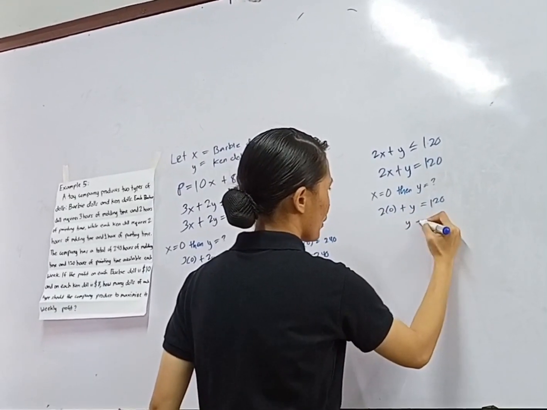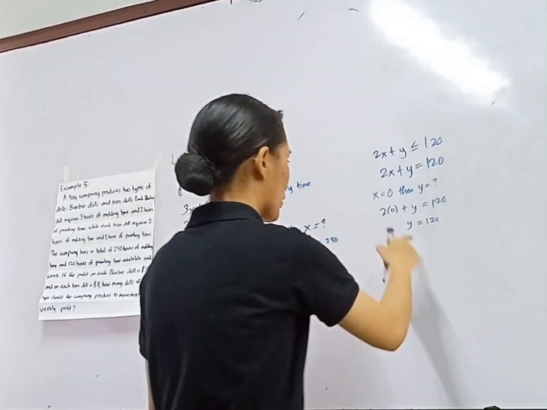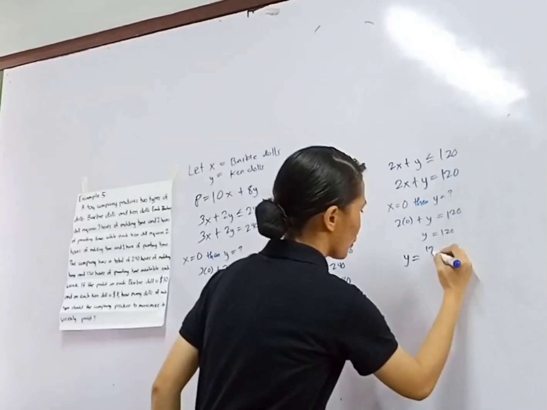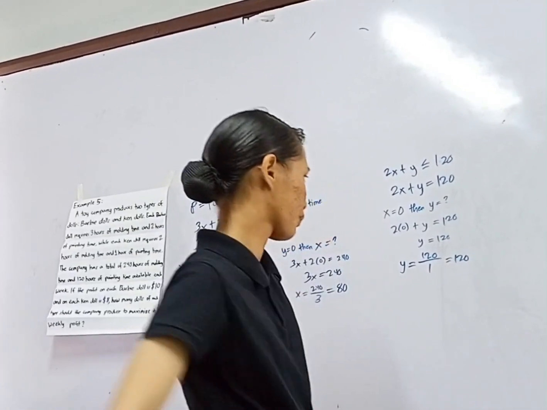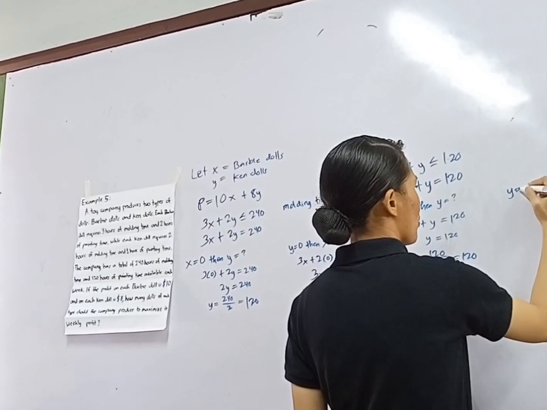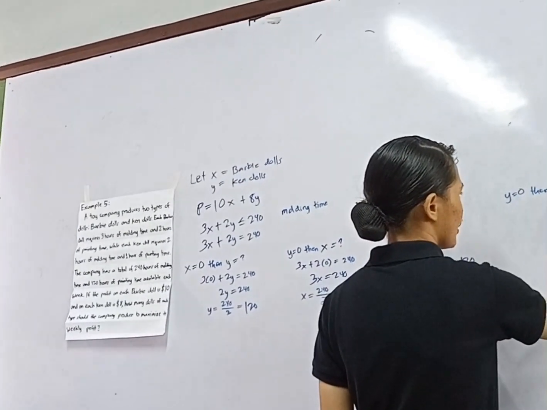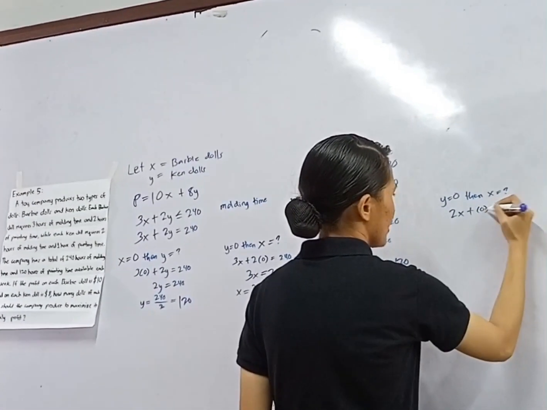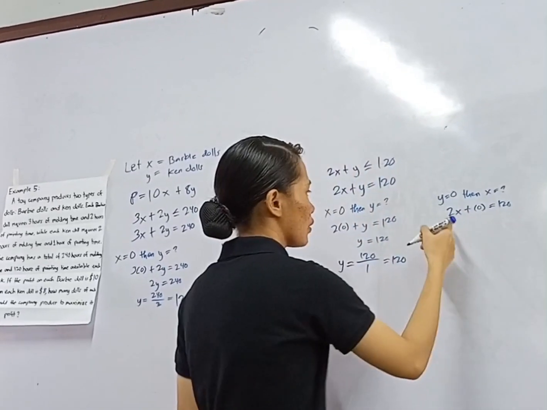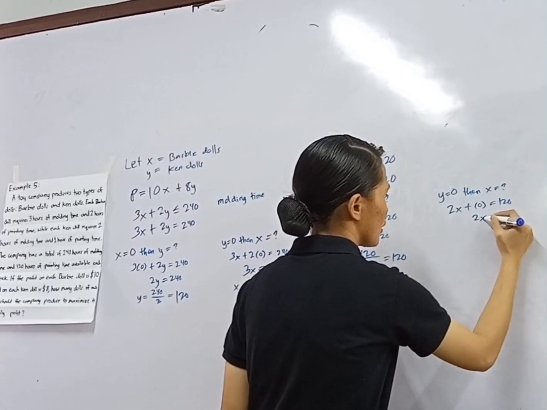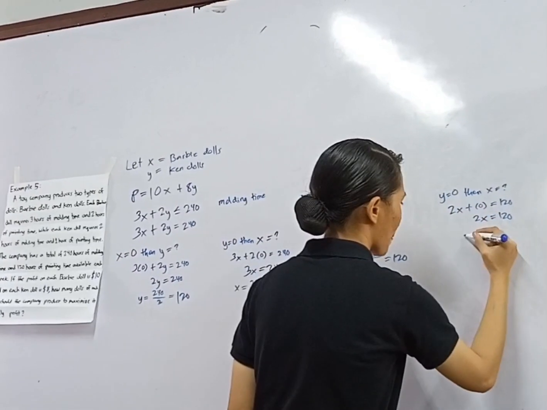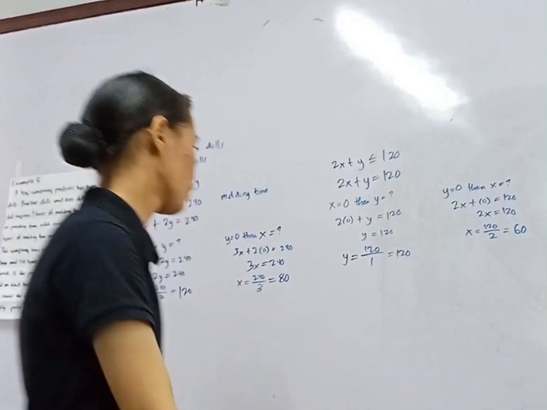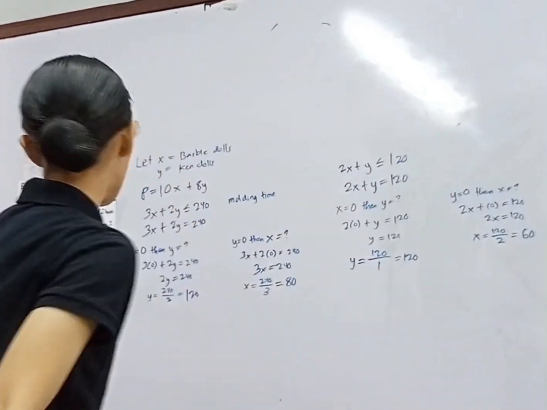So y equals 120 divided by 1, which is 120. Then when y equals 0, then x equals unknown. So 2x plus 0 equals 120, so 2x equals 120. And then we divide: x equals 120 divided by 2, which is 60. So this is our painting time.